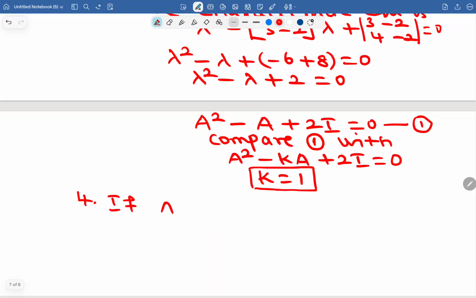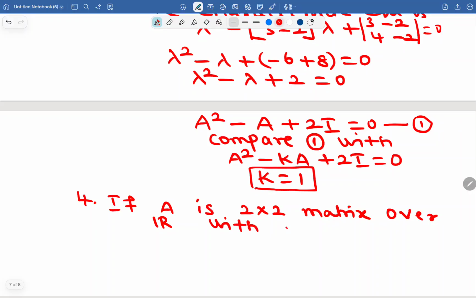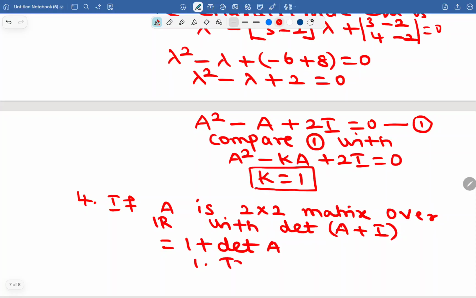If A is a 2 cross 2 matrix over R with determinant of A plus I, which is equal to 1 plus determinant A. First option, trace of A is 0.